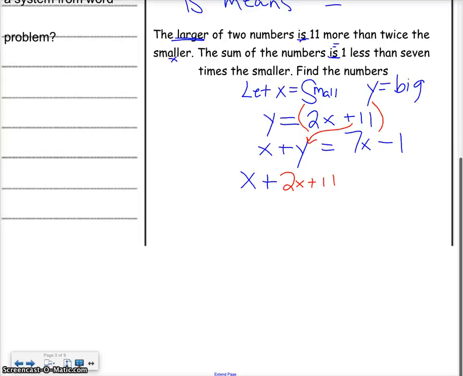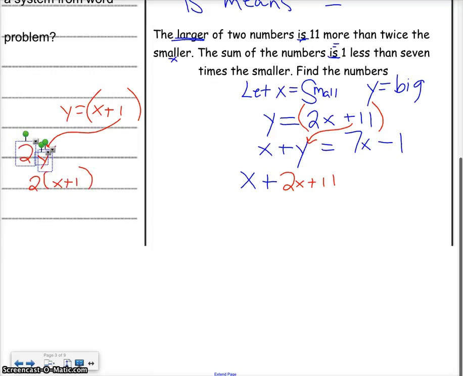I let my parentheses disappear. So I would only keep the parentheses if it was like that. Let me show you. I would keep the parentheses here, that I would keep them because I'm going to distribute the 2. I would not keep them. Okay.